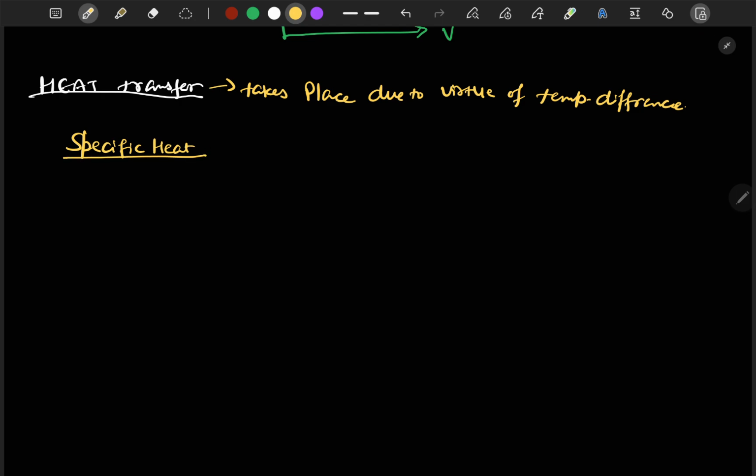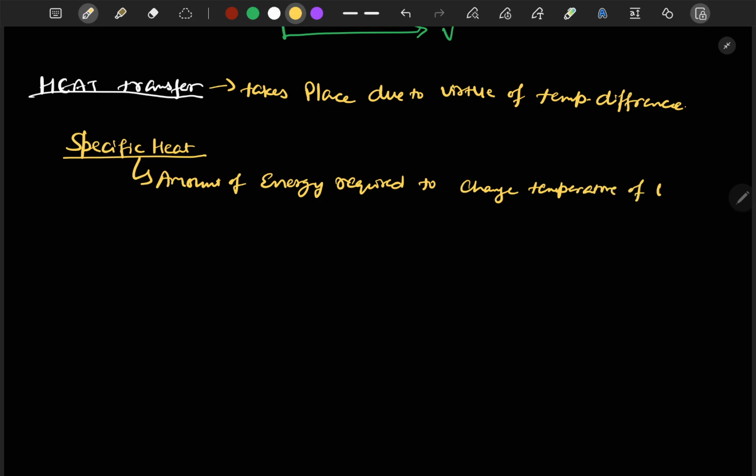Specific heat is defined as the heat, or amount of energy, required to change the temperature of unit mass of substance by unit Kelvin.